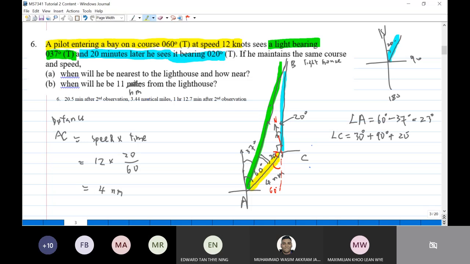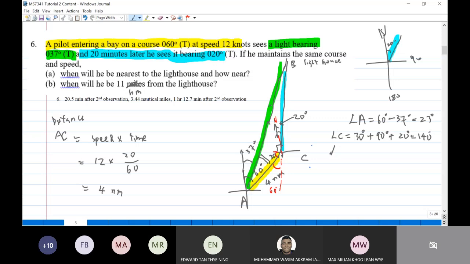So angle C is equal to 30 plus 90 plus 20, altogether 140. Okay, so angle C is 140. Therefore, you know how to find angle B now.